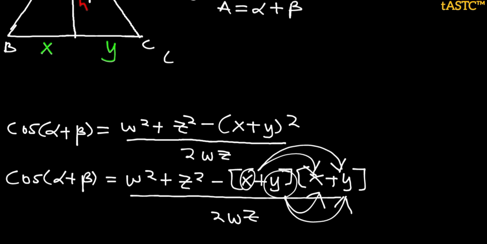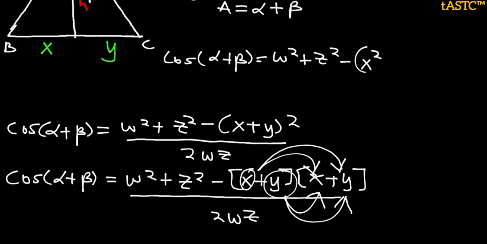Now that is going to give us cos alpha plus beta equal to w squared plus z squared, and here we're going to have something like this. First we have x multiplied by x, that is x squared. And we have plus xy plus another xy, that is y multiplied by x, which gives us an xy. Now we have plus y squared.